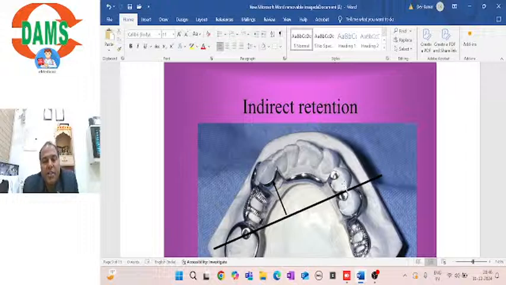Even the thinner areas try to, for example the maxillary major connector or the mandibular major connector, they should end in the rugae, in the valleys between the crests, and never on the crest. Always try to, they should be as inconspicuous as possible.